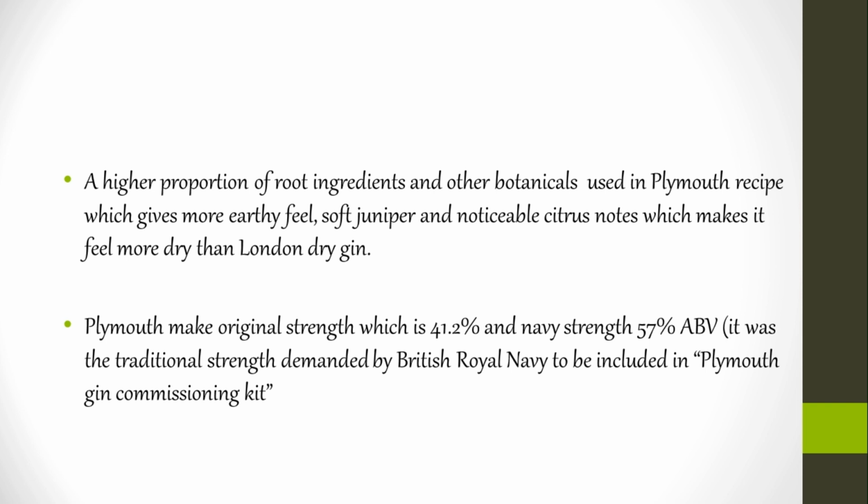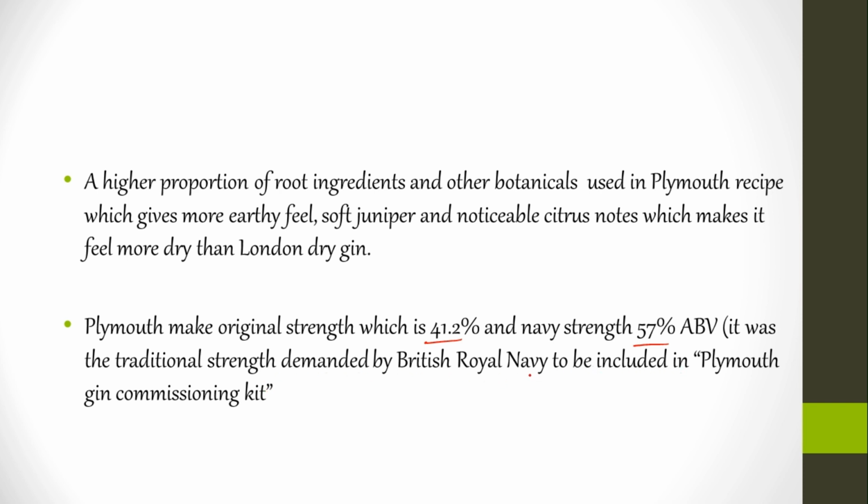Plymouth makes original strength, which is 41.2%, and navy strength, 57%. Two styles of Plymouth gin they make. It was the traditional strength demanded by the British Royal Navy to be introduced in the Plymouth gin commissioning kit.